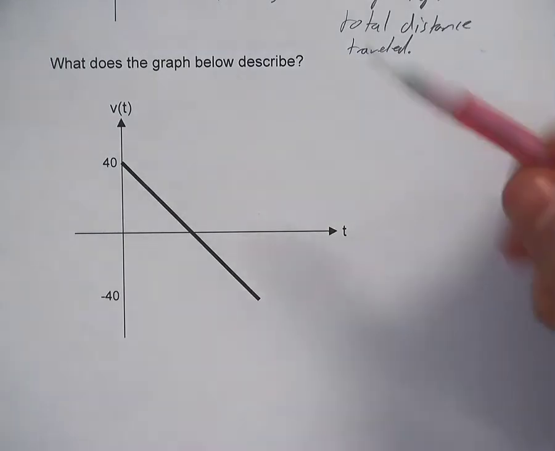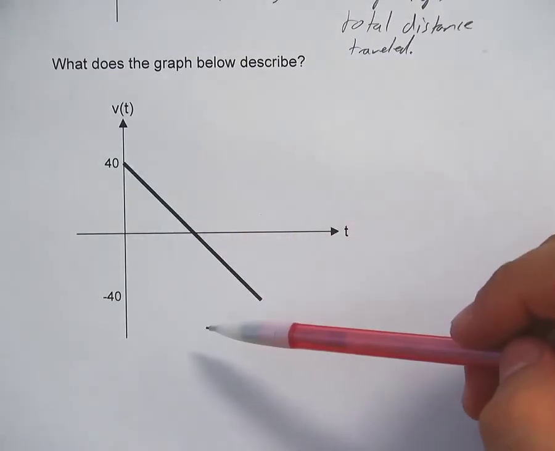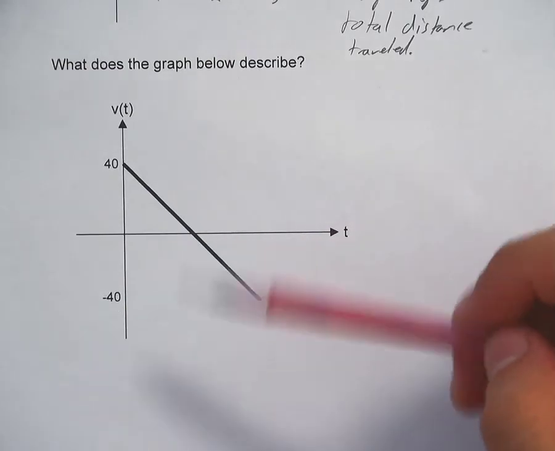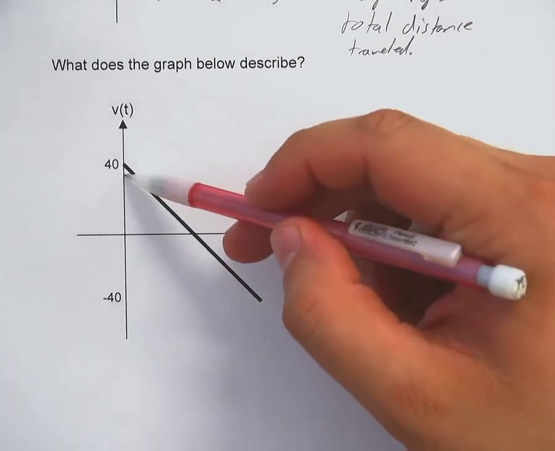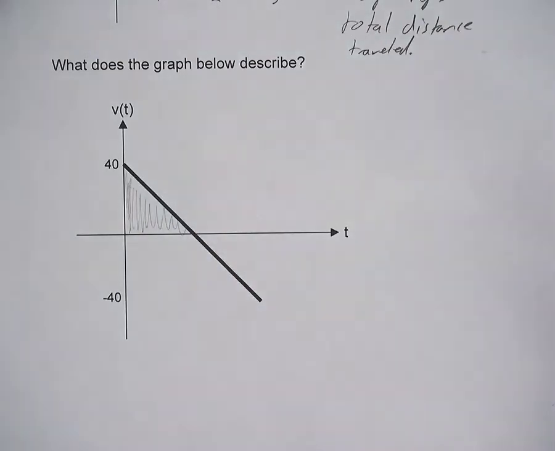Okay, so now we've got velocity, but now our velocity is changing. It's still the same thing. The area under this curve is still going to represent how far I've gone, right? This is kind of like asking what happens if it's changing.